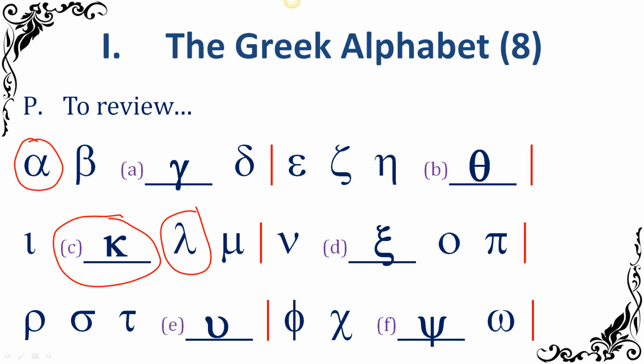Epsilon, zeta, eta, theta. It's actually sounding pretty decent. One more time, just to be sure. Epsilon, zeta, eta, theta. It's always easier when someone else is doing it.